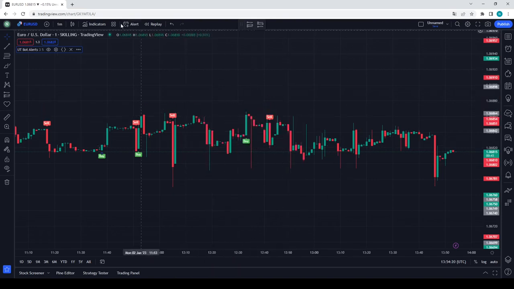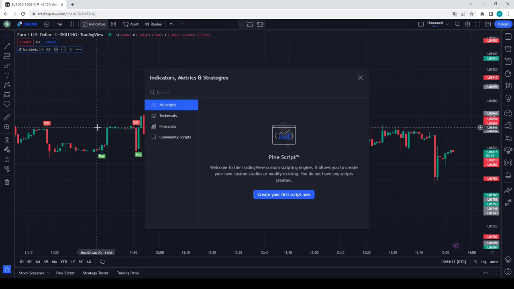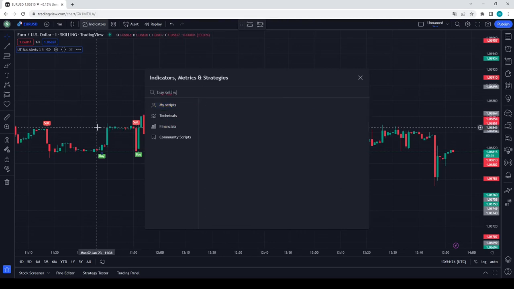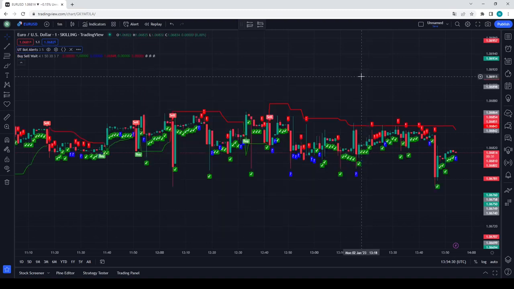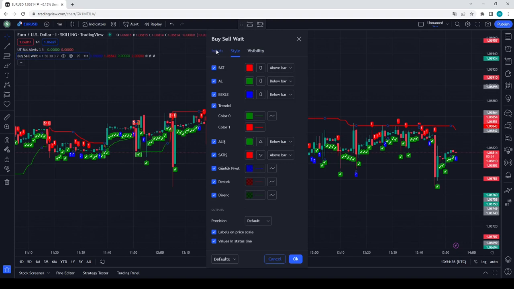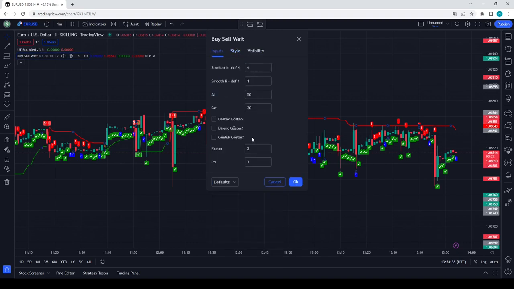The second indicator which we will need is the buy-sell weight indicator from Trend CI Hoka. I know right now it looks very messy, but let's start to clean this up. So in the inputs, we can leave everything like it is.